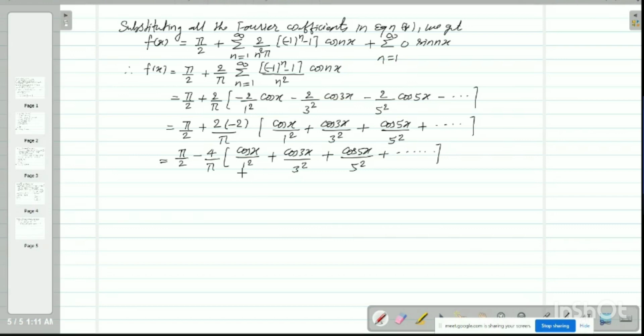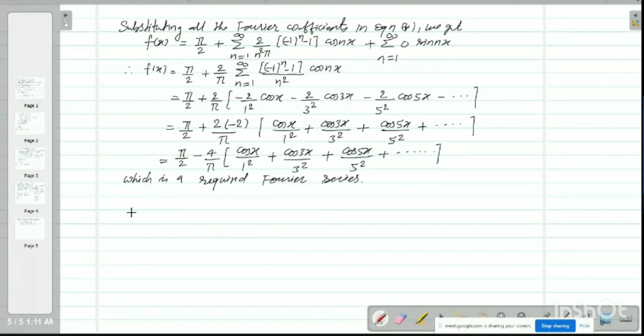This is the required Fourier series. Up to here, your part is complete.